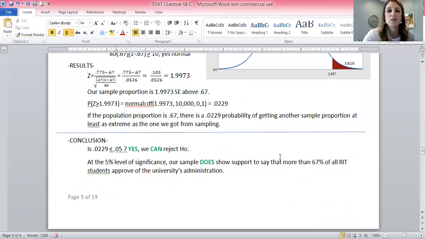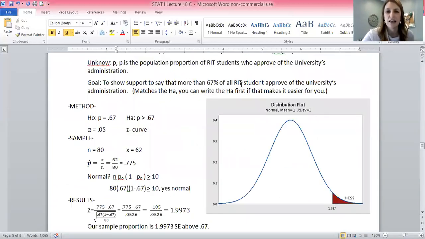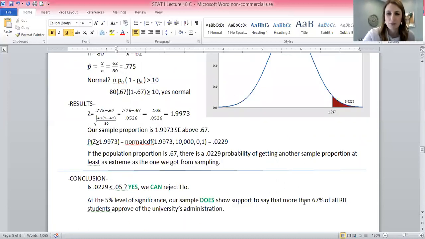Now if you look back up here at the goal, it's like I copied all of this and pasted it right down here. More than 67% of all RIT students approve of the university's administration. My conclusion, again, never says anything about the null. The only place it comes in is right above, that we can reject the null, okay?